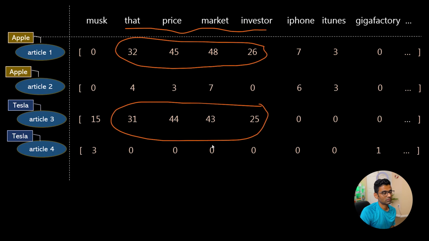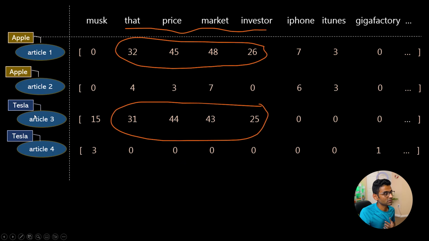And look at what happens to the vector. In the first and third vectors, these terms are present in equal amounts: 32, 31, 45, 44. So if you give these vectors to a computer, it will think articles 1 and 3 are similar. Actually, they are different, right?